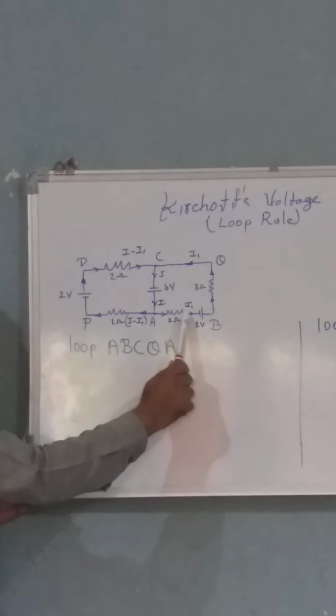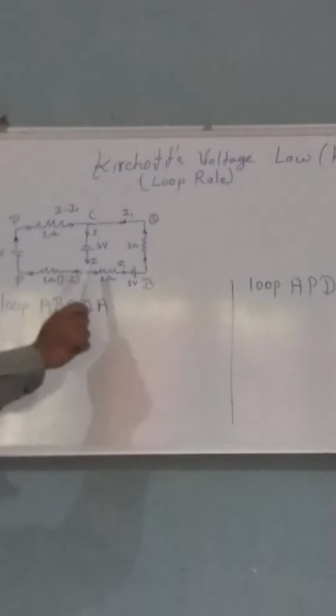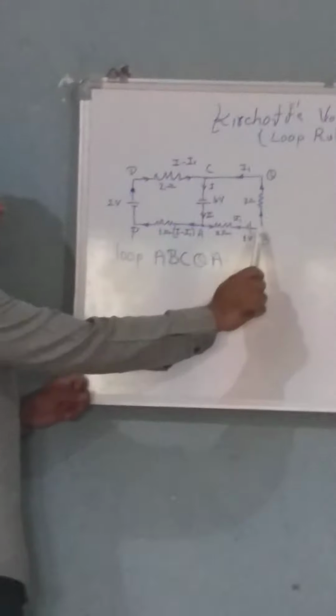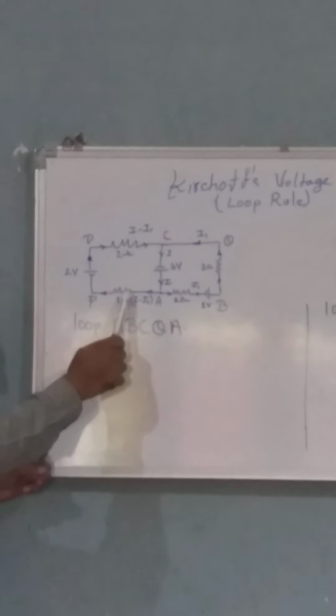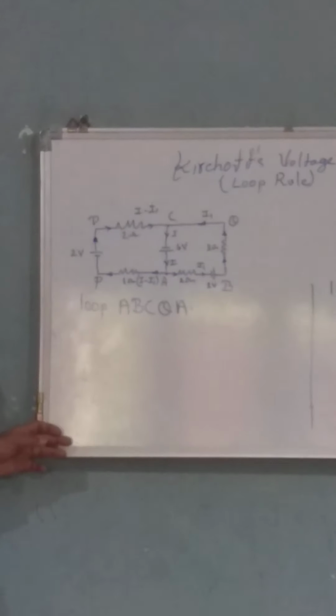In this direction, going towards the 2 ohm resistance, we will consider this current as I1, going through the 2 ohm resistor, the 1 volt battery, and then passing through this particular source. The current going in the opposite direction through this 1 ohm resistor will be I minus I1.